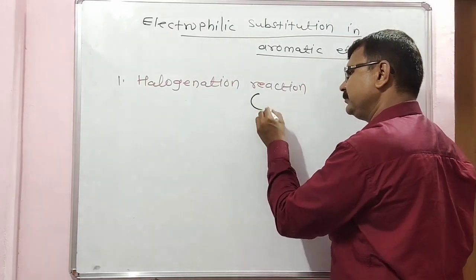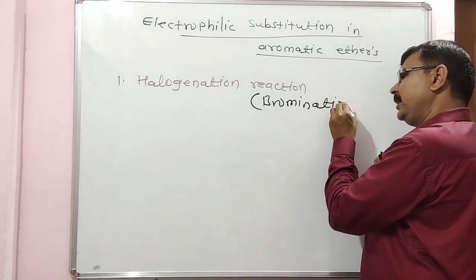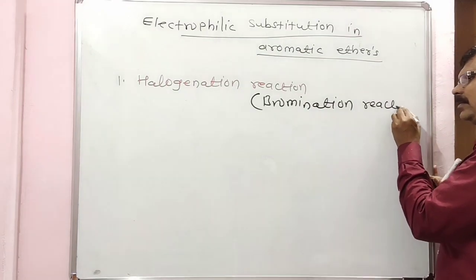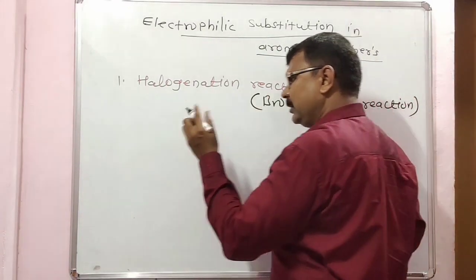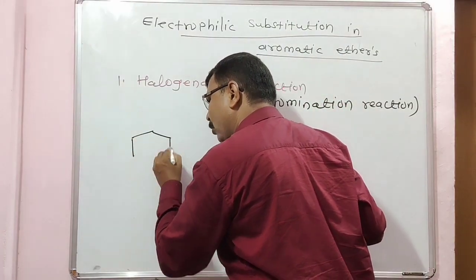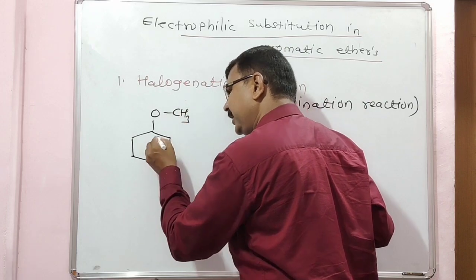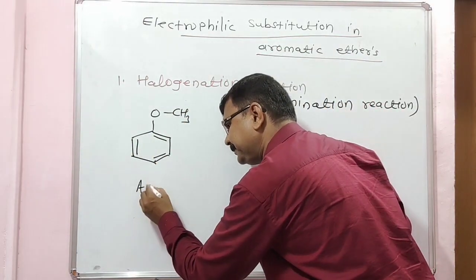Bromination reaction of anisole, an aromatic ether, OCH3. What is this aromatic ether? Anisole.